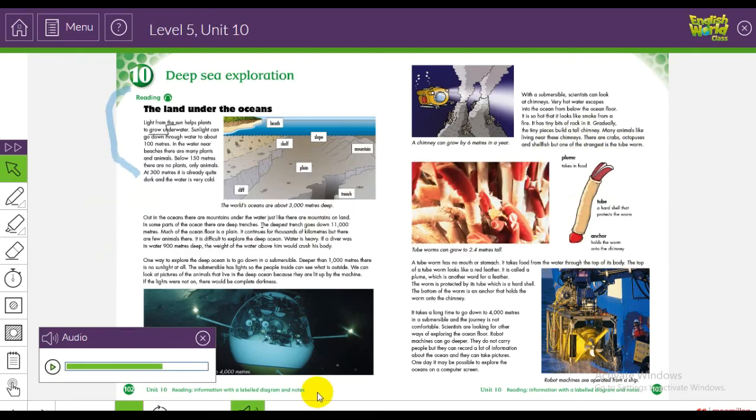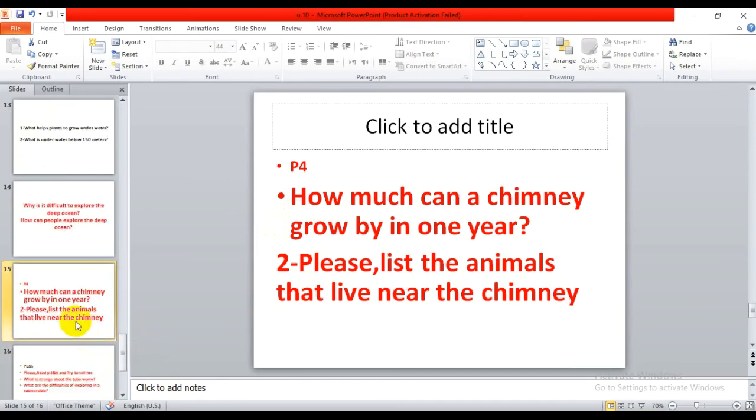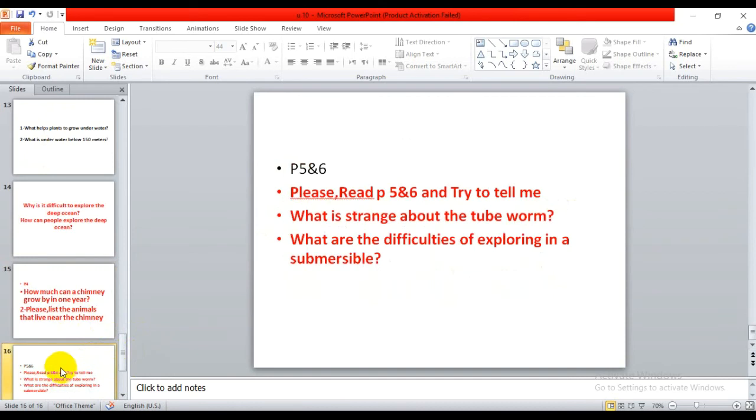Now, I think you got the answer. So, let's move to paragraph number 5 and 6. And please, we're going to read and answer these questions. What is strange about the tube worm? The next question is, what are the difficulties of exploring in a submersible?